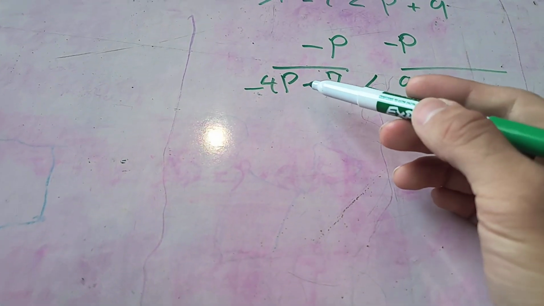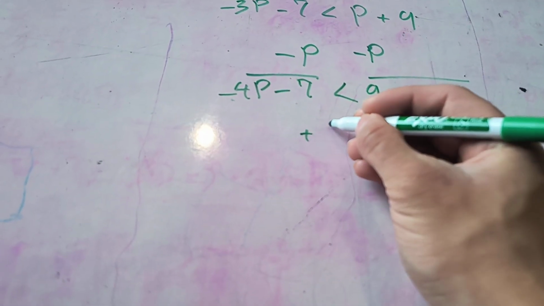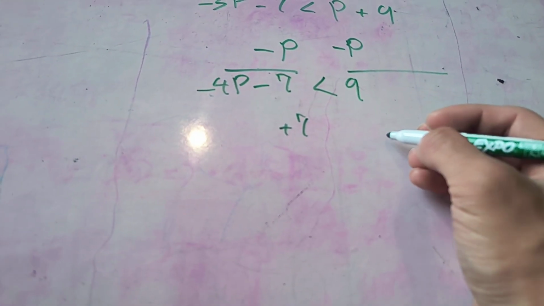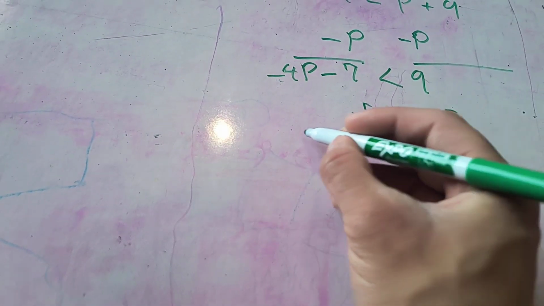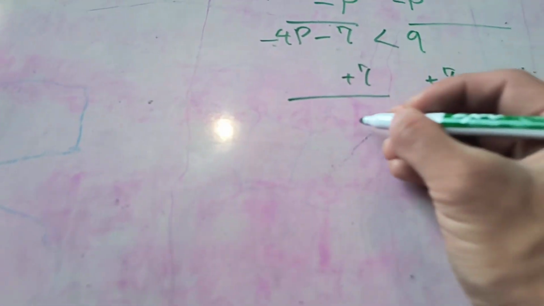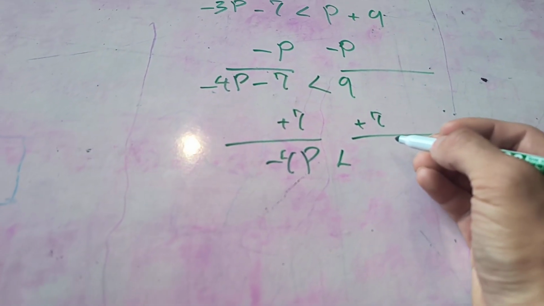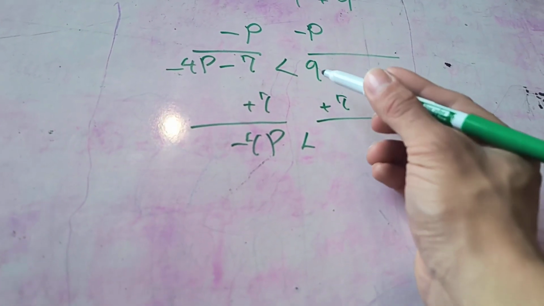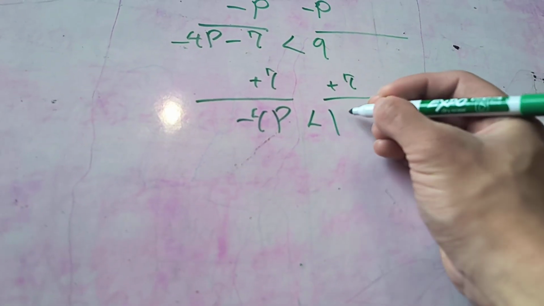Keep this right here. Okay, now let's remove this 7 from this side by adding 7 to this side and adding 7 to this side. So we'll have left negative 4p is less than 9 plus 7 is 16.